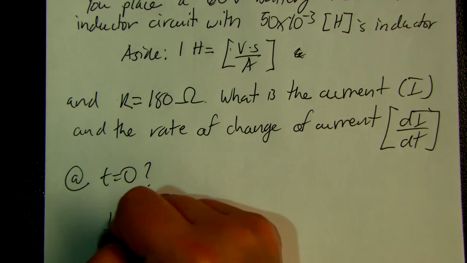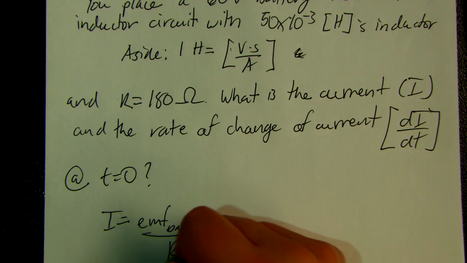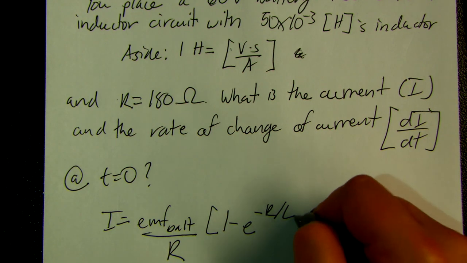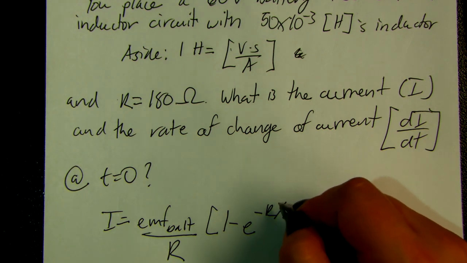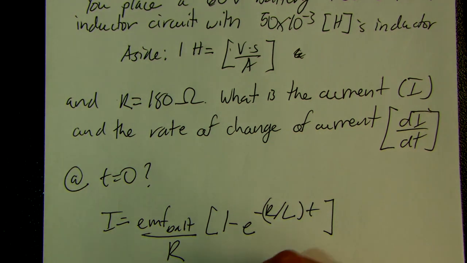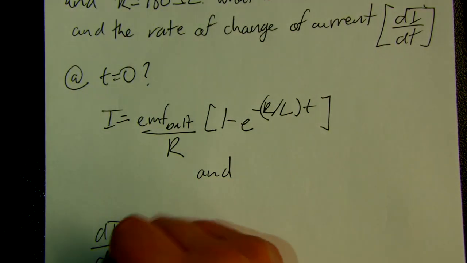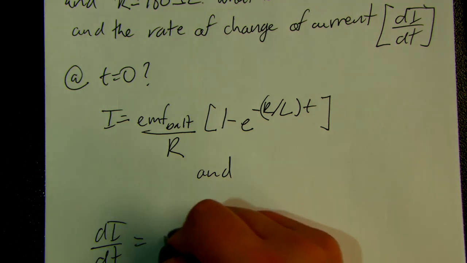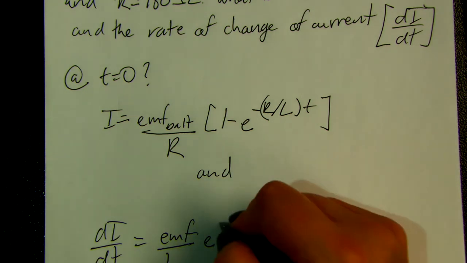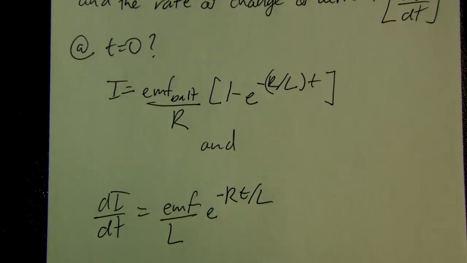Okay, so we know I is equal to EMF of the battery divided by R, times 1 minus e to the minus R over L times t. And we know that dI/dt is equal to EMF over L times e to the minus Rt over L. So we're just using a couple different equations there.